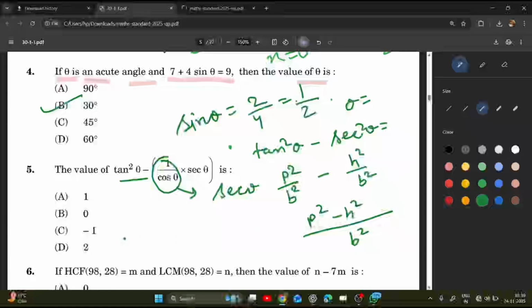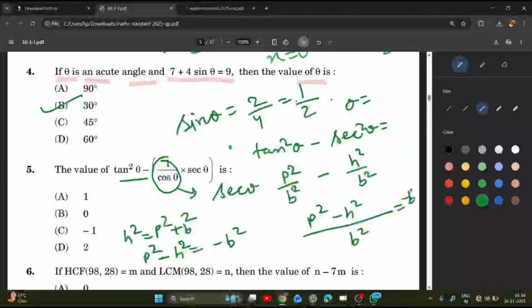Now by using Pythagoras theorem we can say that H square is equal to P square plus B square, so P square minus H square is equal to minus B square. Now this minus B square upon B square will be minus 1.